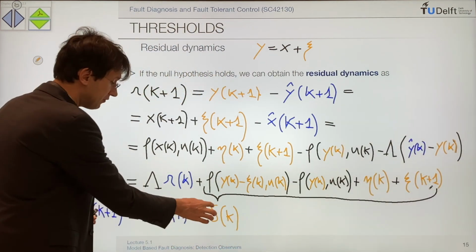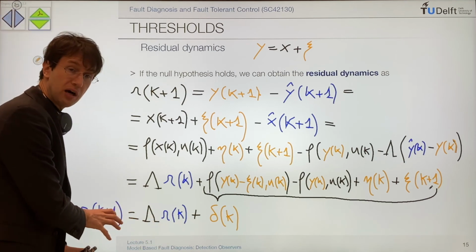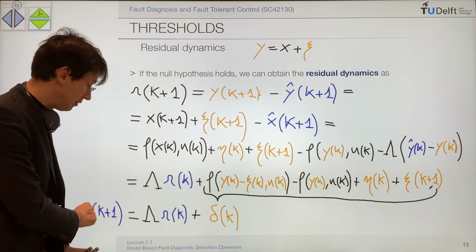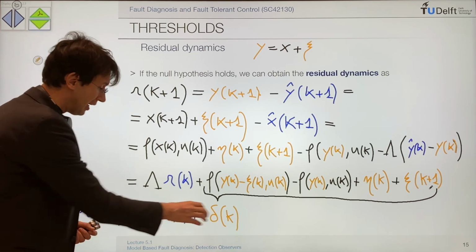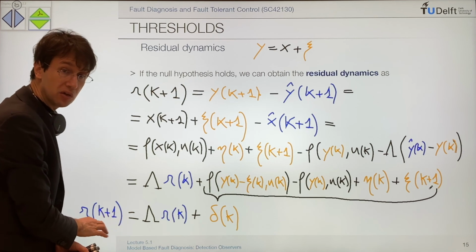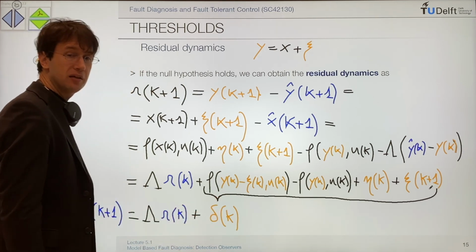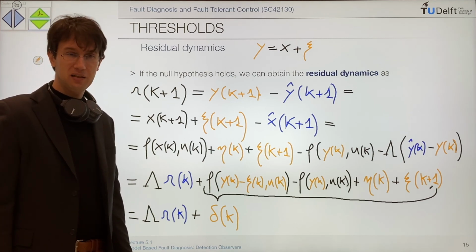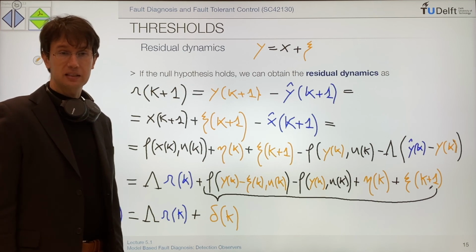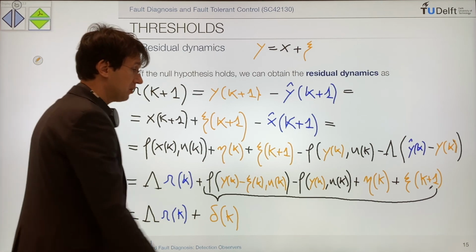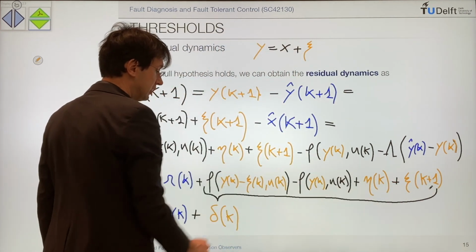Now, if delta is bounded, then the solution to r is bounded as well, because this is a stable linear system. So bounded input, bounded output. So can we assume this is bounded? Well, yes, we can, because thanks to the assumptions that we had in place before, we know that y is bounded.